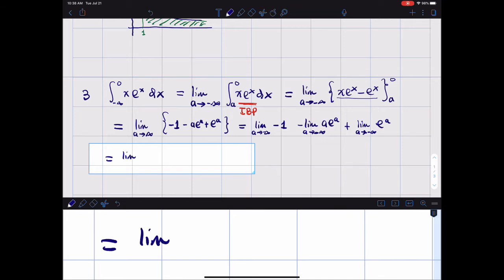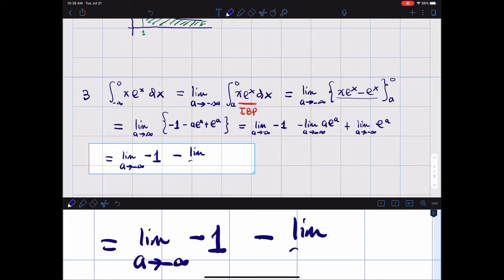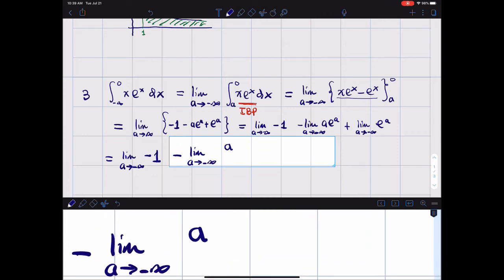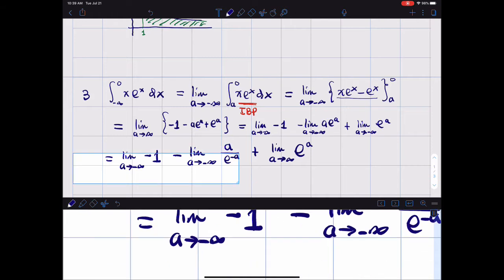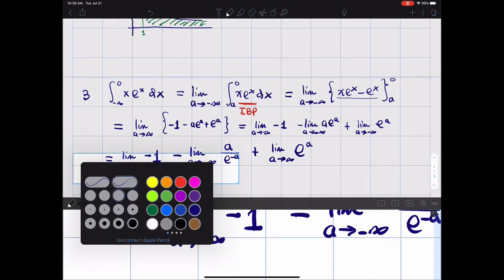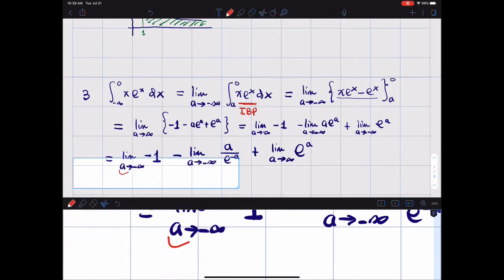So we can say this is the limit as a goes to negative infinity of negative 1 minus the limit as a goes to negative infinity of, I'm going to write it as a over e to the negative a, and I'll tell you why in a minute, plus the limit as a goes to negative infinity of e to the a. This first one is a constant, so this is just negative 1.